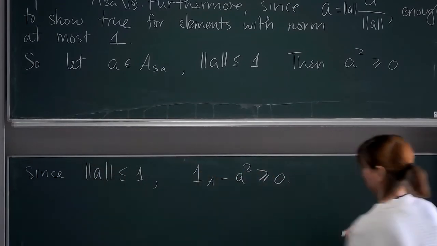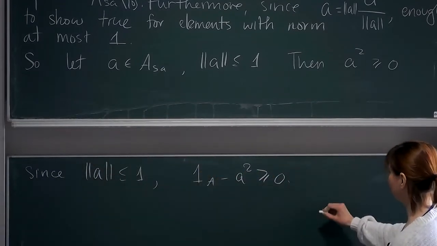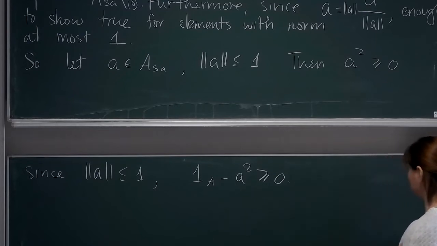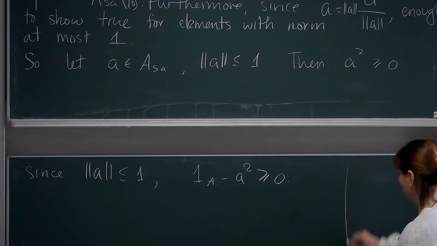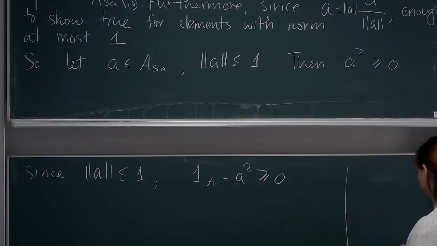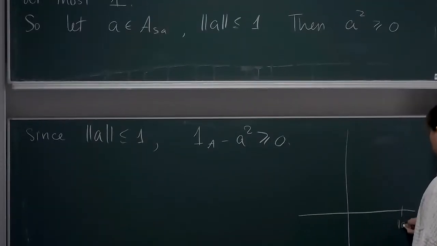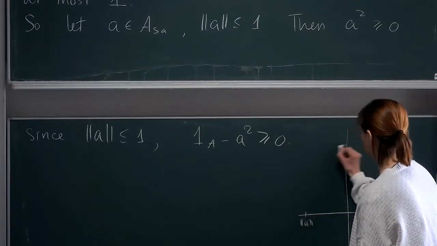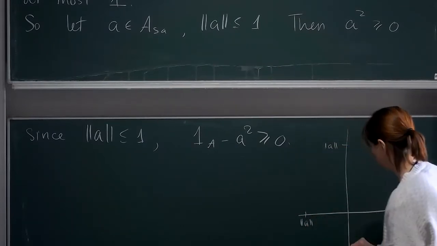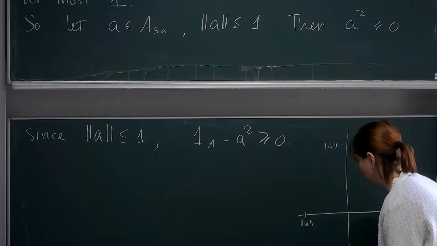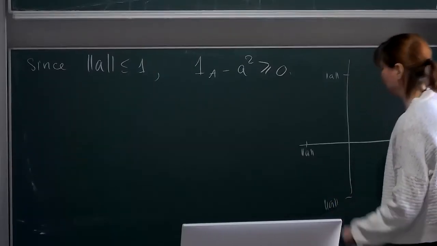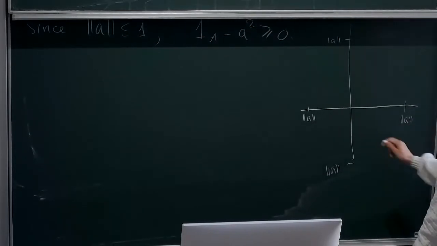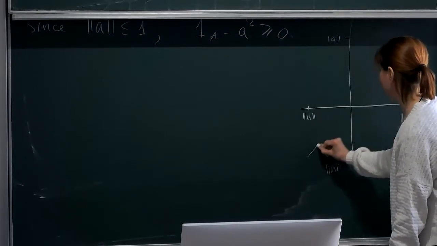And maybe to convince yourself of this, it's useful to draw a picture. Under the functional calculus, the spectrum of A is contained in the real line and bounded on either side by the norm of A, and A is this element here.